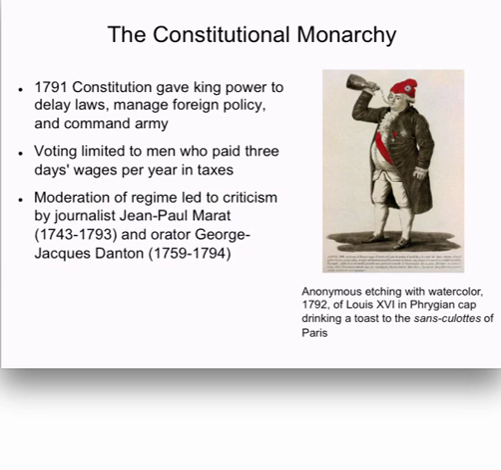And that drew a lot of criticism from the more radical revolutionaries, people like the journalist Jean-Paul Marat and the fiery rabble-rousing speechmaker Georges Jacques Danton. Both attacked the 1791 Constitution, saying that it did not go far enough in a revolutionary direction.